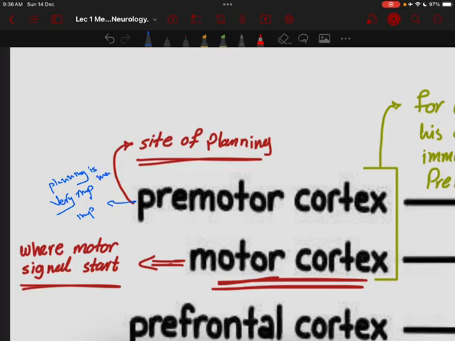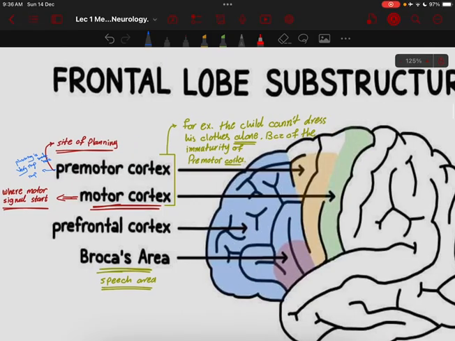For example, if I want to raise my hand and put it on my head, you need a motor function, but you need a plan for that: I raise the hand, then I go down on my head. Planning.